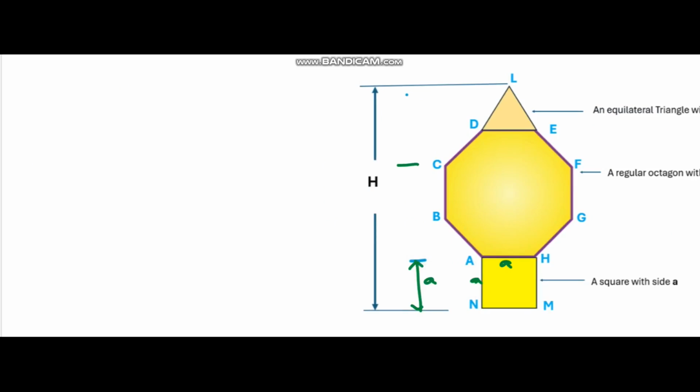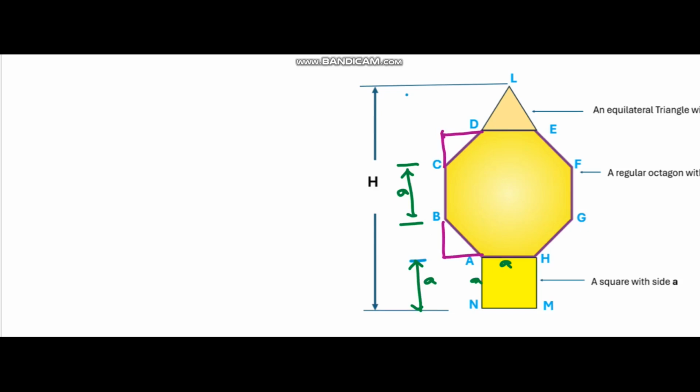Then we have this, which is also A. So that's also easy. What is not so straightforward is this bit here, which is also equal to this bit here.